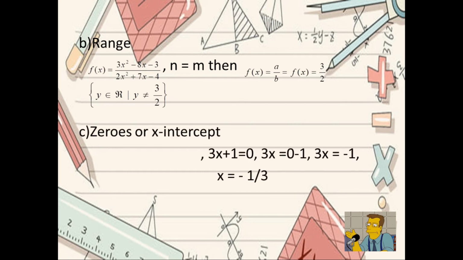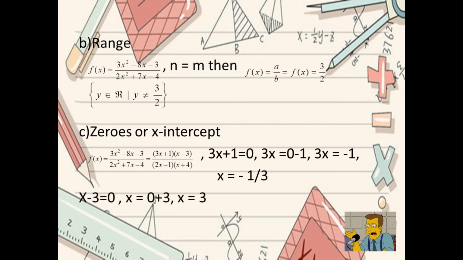Okay, next, the zeros and the x-intercepts. From the expanded form, rewrite the function into factor form. Then to compute the zeros of the function, use the expression of the numerator in factor form, that is 3x plus 1 equals 0, then 3x equals 0 minus 1, then 3x equals negative 1, then divide both sides by 3, then x equals negative 1 over 3.